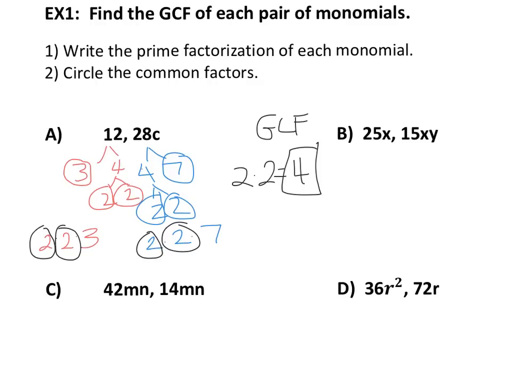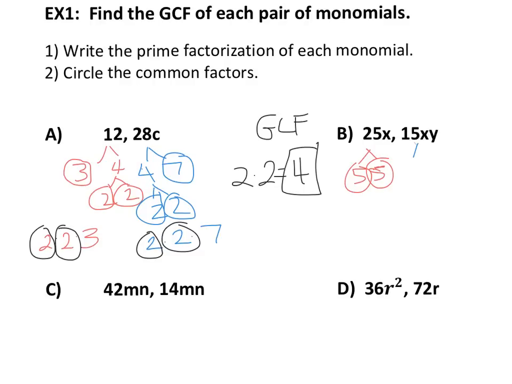Then for letter B, we have 25x and 15xy. In this case, we know that 25 can be factored into 5 and 5. But then we notice that we also have variables, so we have the variable x.